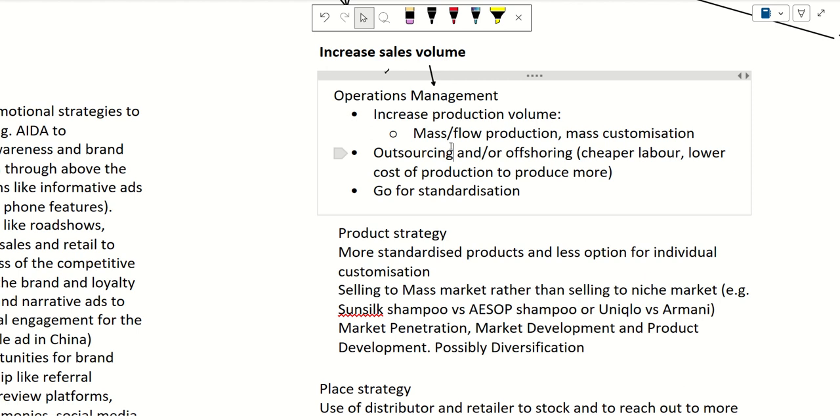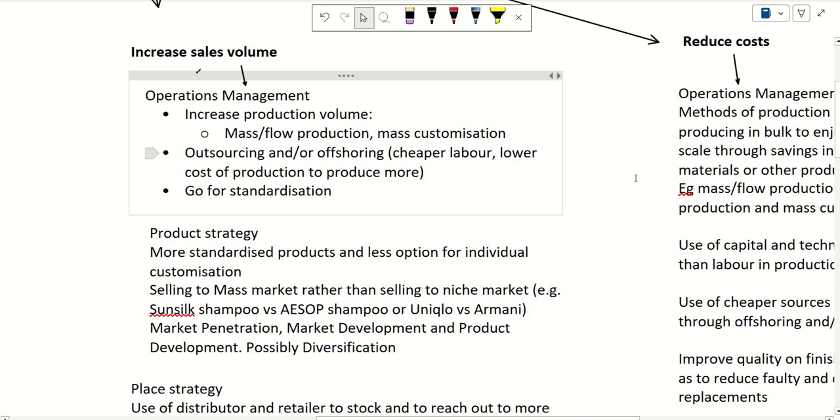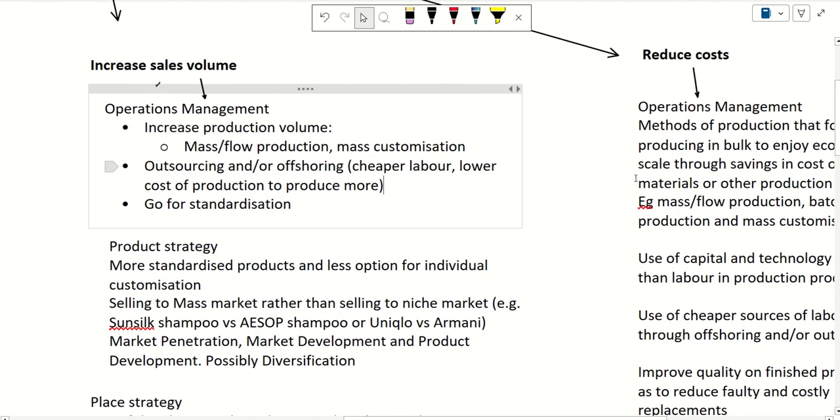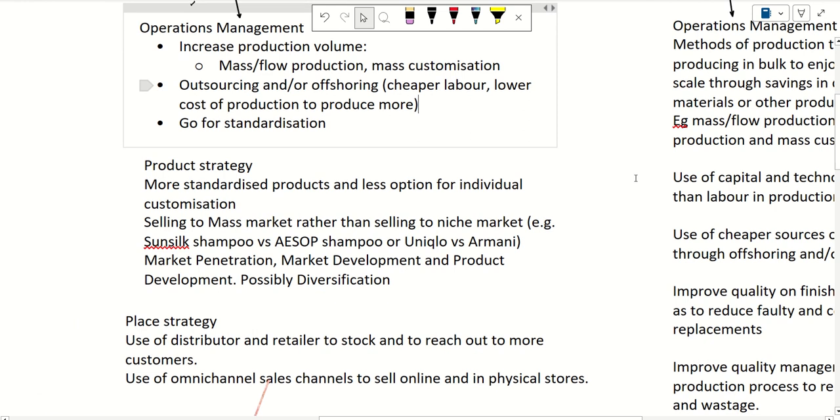So that is actually offshoring, right? So when I engage the new Indonesian partner, I'm doing offshoring, okay? And that reduces the labor cost and everything. But the reduction of the labor cost is for me to produce more, although it actually has some impact on reduction of cost. Later we'll cover that as well.